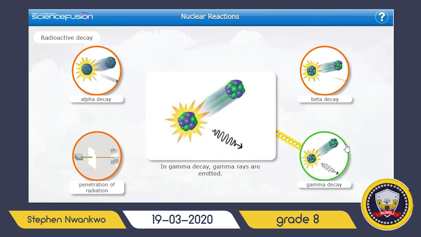Okay, most of the time gamma decay happens along with alpha or beta decay, but these gamma rays have a really high energy form. So the energy emitted by gamma decay is the highest energy among these radioactive decays.